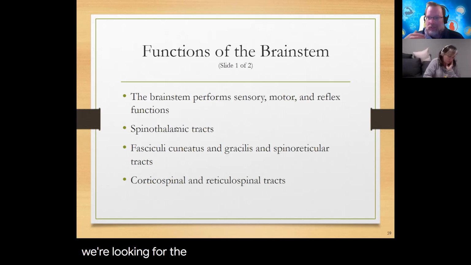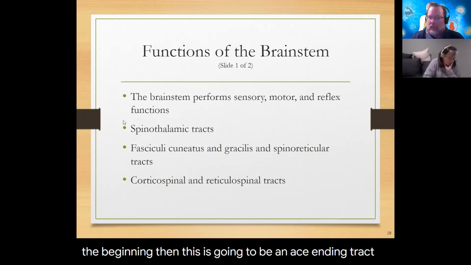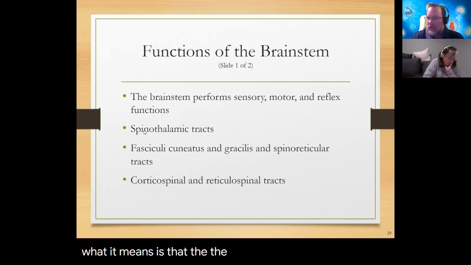We're looking for the word spinal or spino. If spino is at the beginning, then this is an ascending tract. It means the sensory is beginning in the spinal cord and heading up, for this one, to the thalamus. So this would be an ascending or sensory tract.